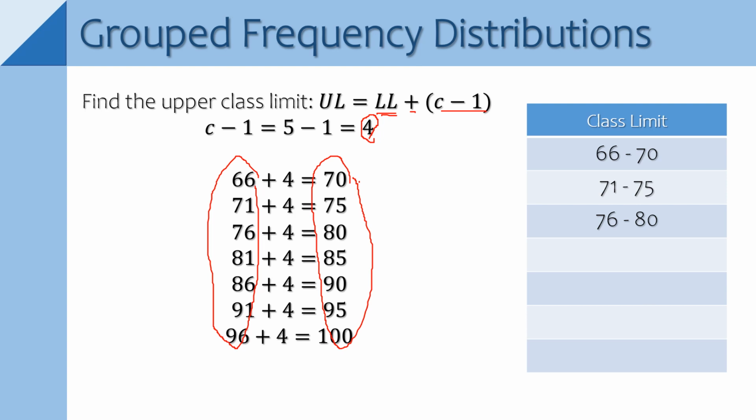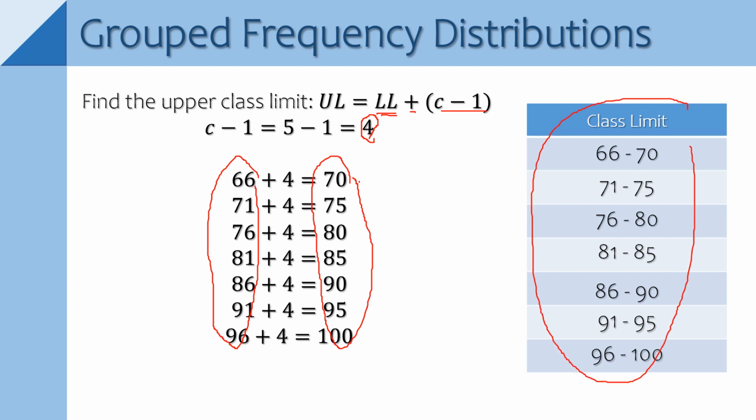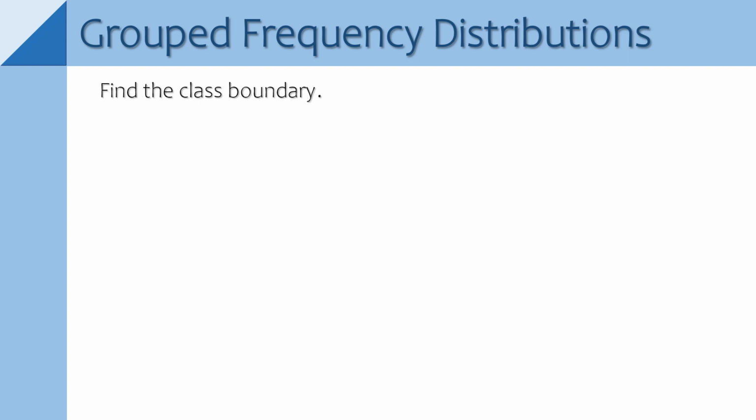Next class is 81 to 85, 86 to 90, 91 to 95, and then 96 up to 100. So those are our class limits and their intervals. Some statistics books call class limit as class interval, and sometimes marinig nyo sa akin na sasabihin ko yun as class interval.